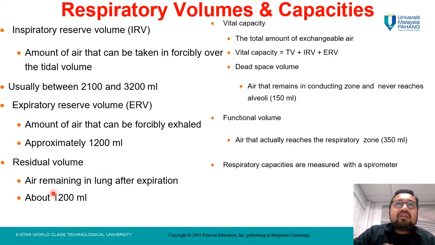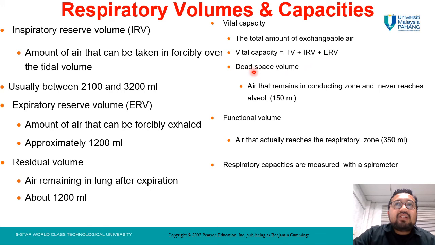We also have vital capacity, the total amount of interchangeable air. Vital capacity is the summation of the tidal volume, inspiratory reserve volume and expiratory reserve volume. So how much air is exchanged during the process is what we call vital capacity.